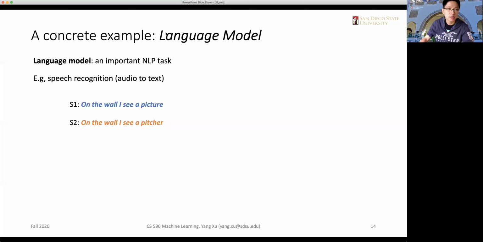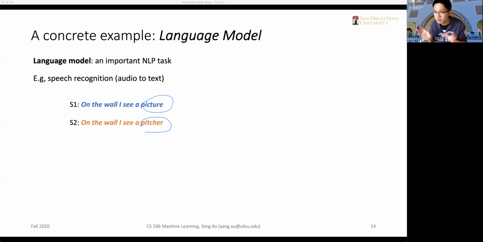Because the words picture and picture sound very similar, when we use speech recognition software, it doesn't have any context about which word the sound should be converted to. It doesn't know that.